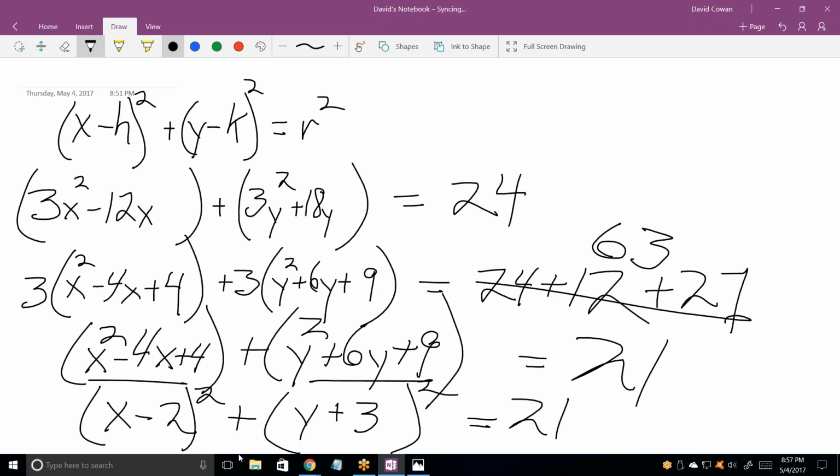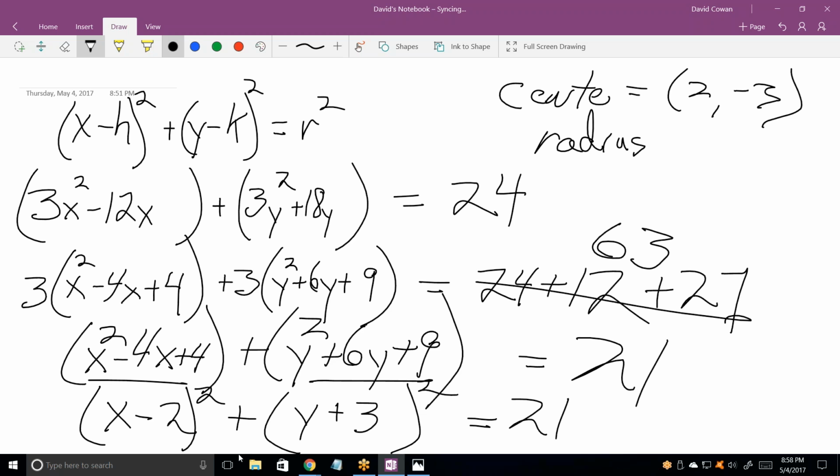Well, now I have it in perfect circle format. Where's the center of my circle? That will be 2, negative 3. What's the radius of my circle? 21? Root 21. Oh, root 21.